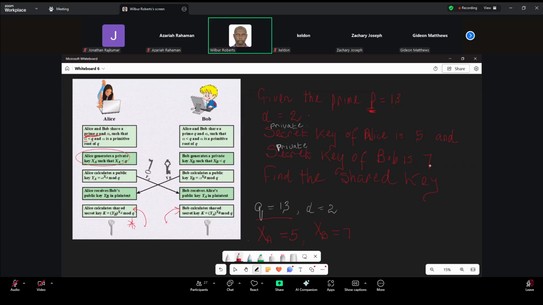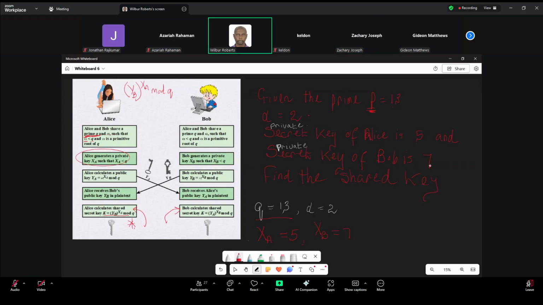For Alice, the shared secret key K is YB to the power of XA mod Q, right? So what is YB? 11.